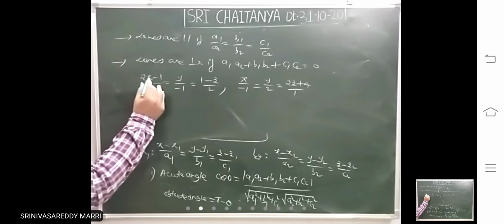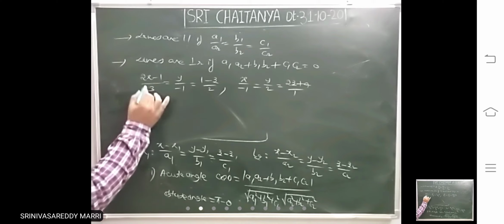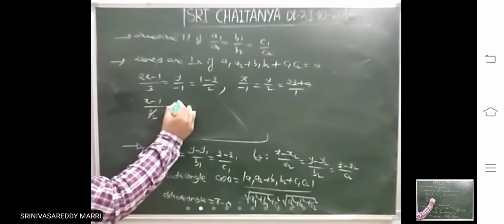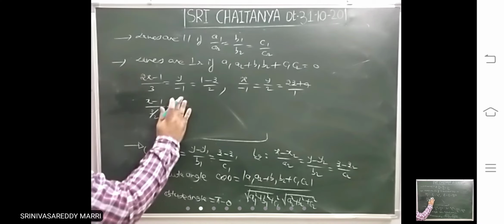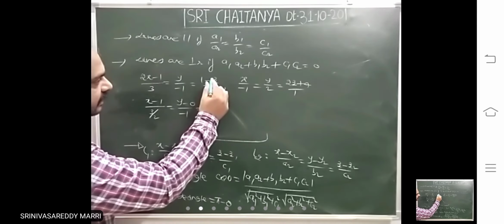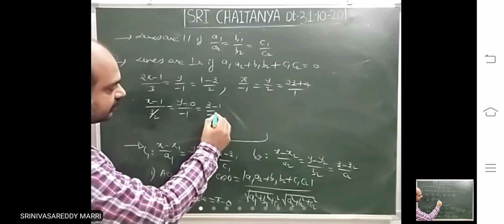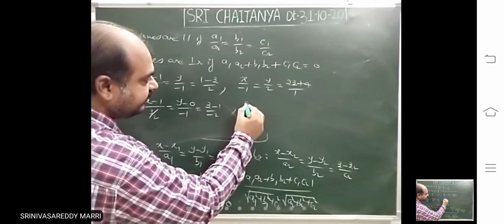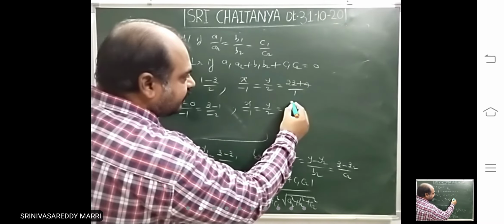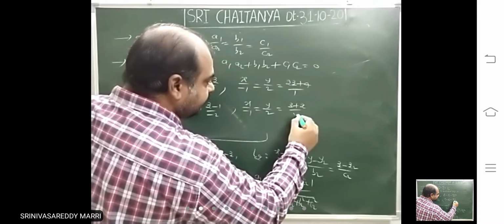So convert into standard form. Take 2 common, or otherwise divide the x coefficient in numerator and denominator by 2. Here in standard form, y minus 0 divided by minus 1: both numerator and denominator divided by minus 1. Minus 2 in standard form: both numerator and denominator divided by the z coefficient. z plus 2 divided by 1 by 2.